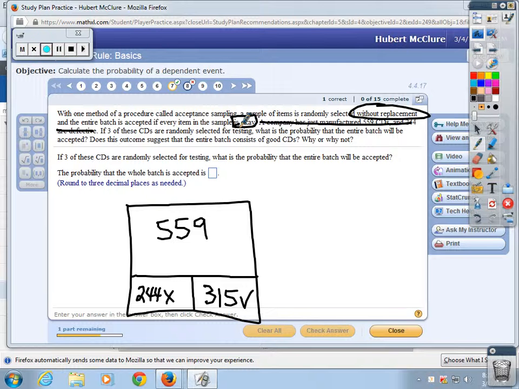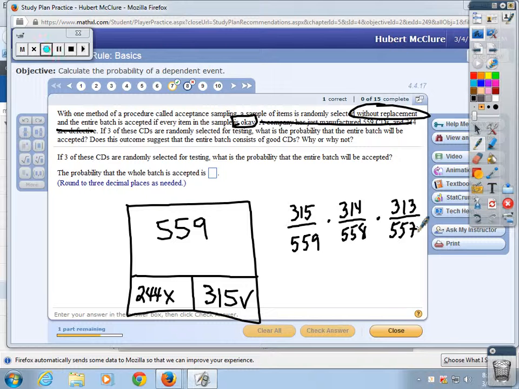So we're going to use the 315 group. So that's going to be 315 over 559 times 314 out of 558 times 313 out of 557.